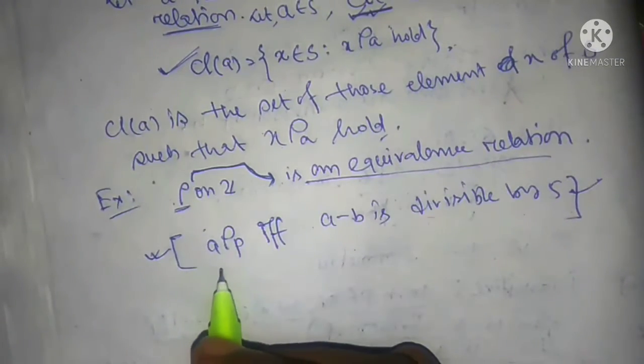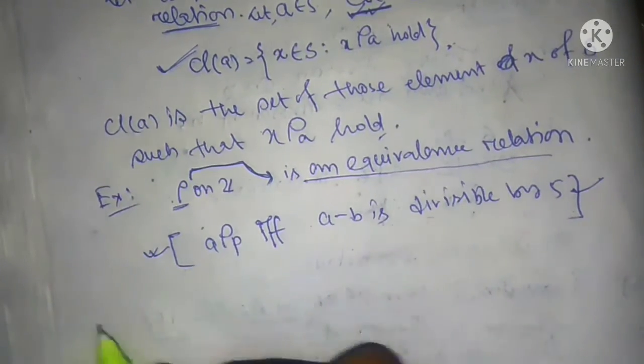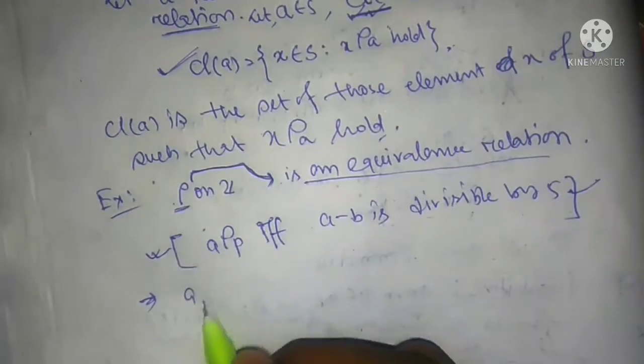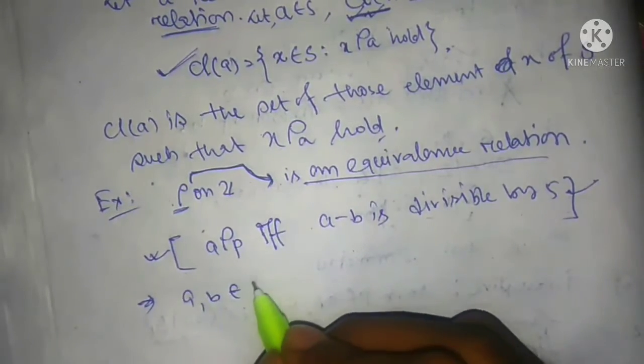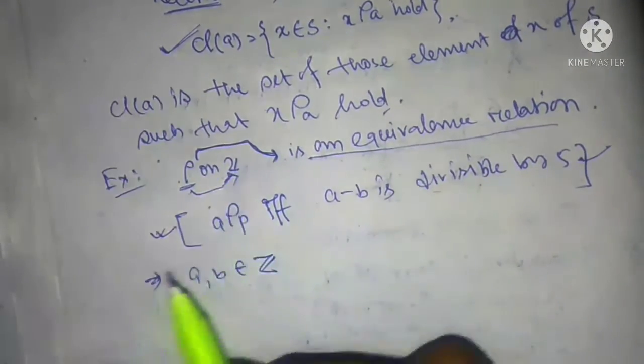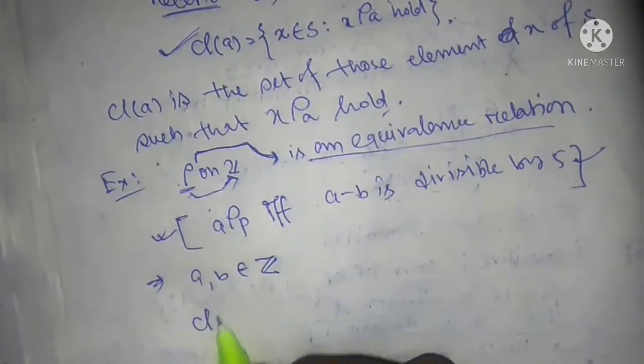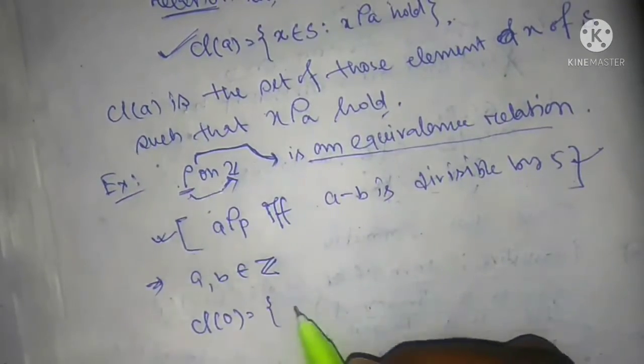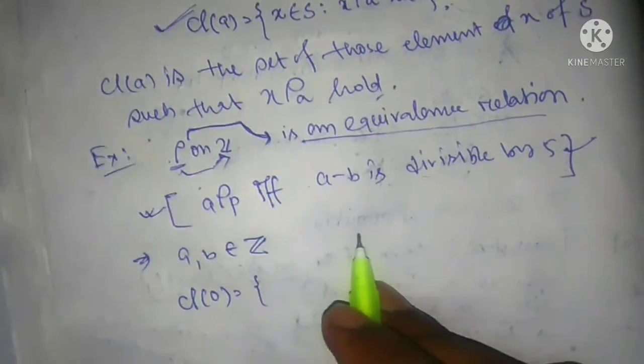I just say that it is an equivalence relation. So now what do we have to do? Class. Let A, B be any two elements belonging to the set of integers, since rho is on Z. So what are the elements of class of 0?